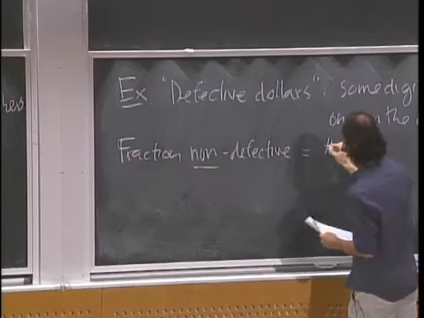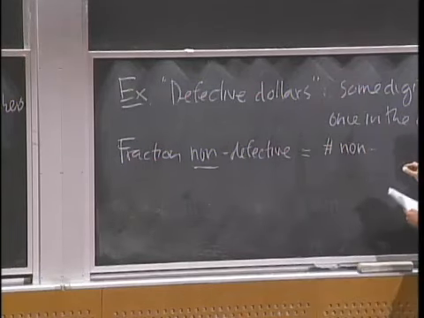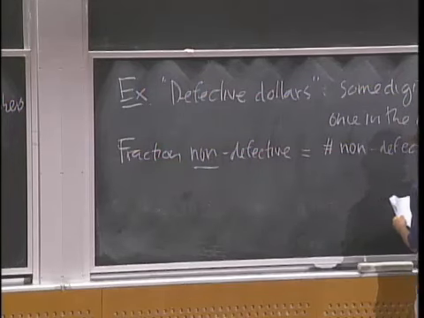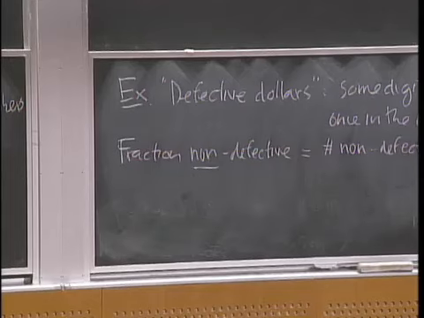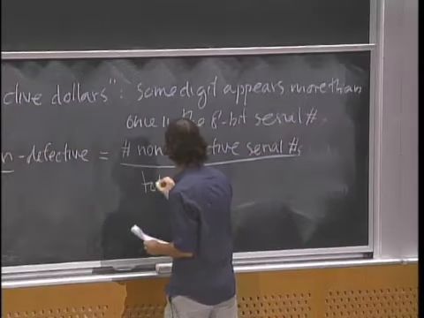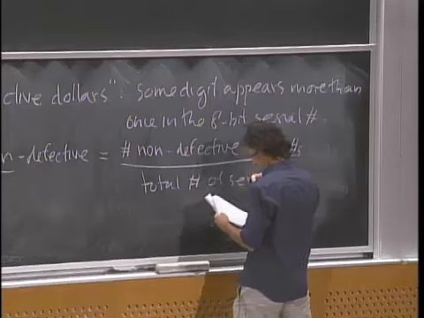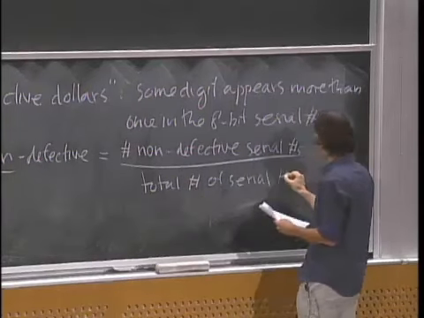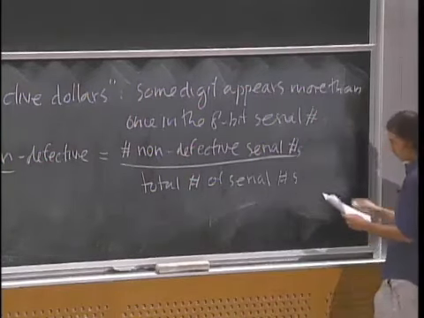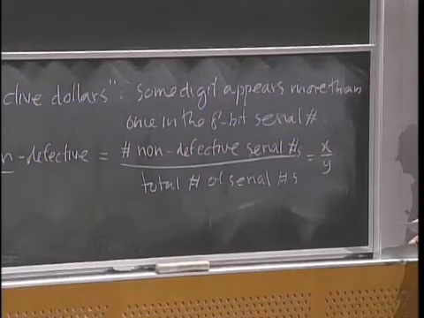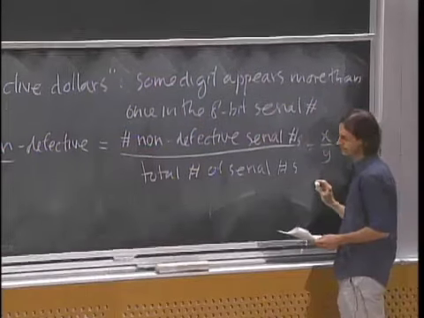Well, that's the number of non-defective serial numbers divided by the total number of serial numbers. And let's call these small x and y, and count these.